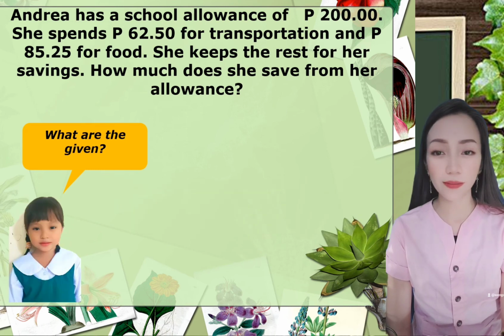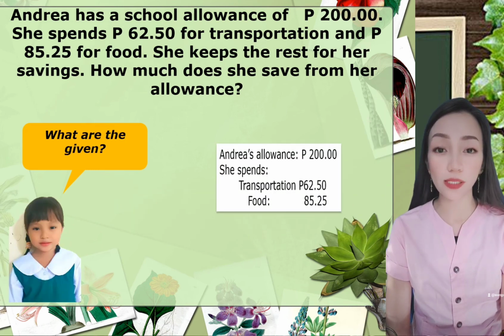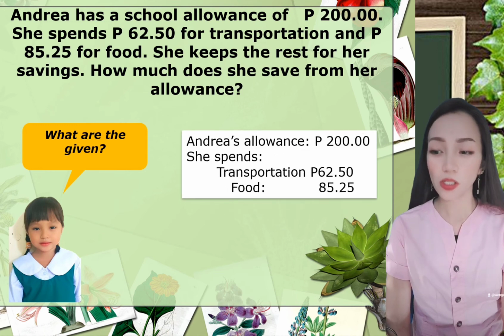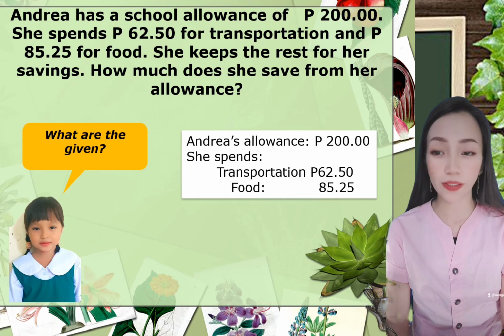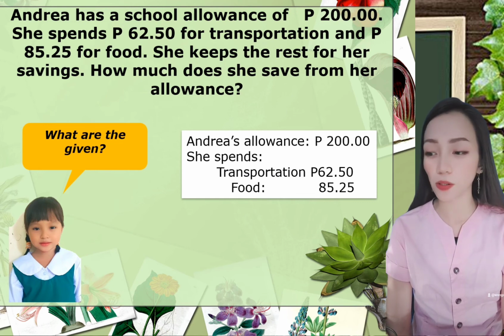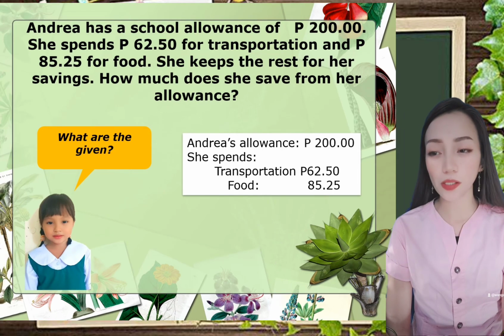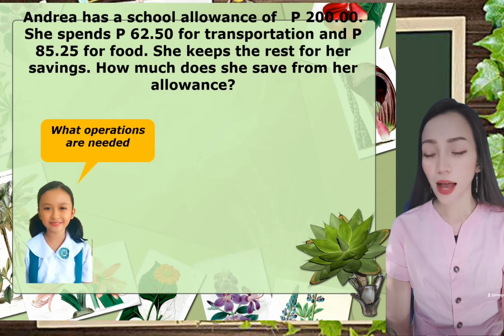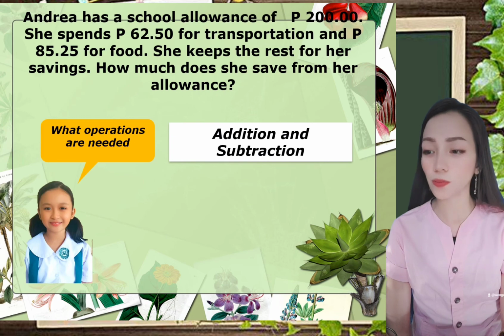What are given? Andrea's allowance, which is 200 pesos. She spends for transportation 62.50 and for food 85.25 pesos. What operations are needed? Addition and subtraction.